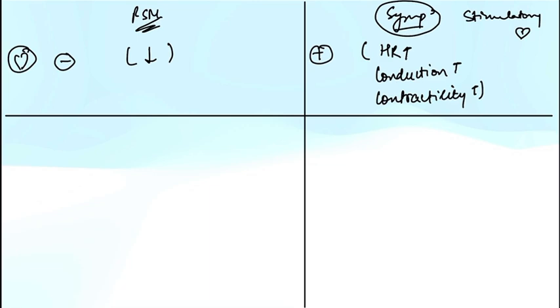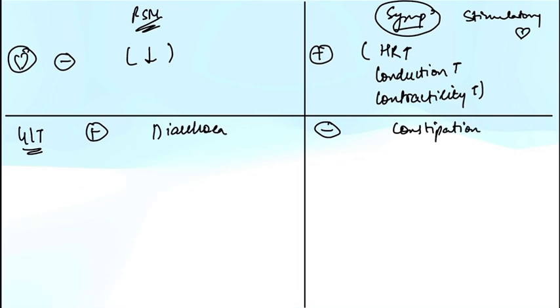So one way to remember this is that sympathetic is stimulatory only for the heart, and for the other systems it's inhibitory. For example, first we have GIT. The parasympathetic is stimulatory for all the other systems and the sympathetic is inhibitory, so the parasympathetic in GIT, being stimulatory, will cause diarrhea and the sympathetic will cause constipation.